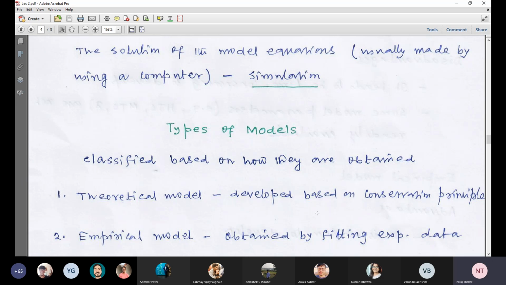And anyone can tell what is empirical model? Anyone? Yes. There are some corrections required in the theoretical model.